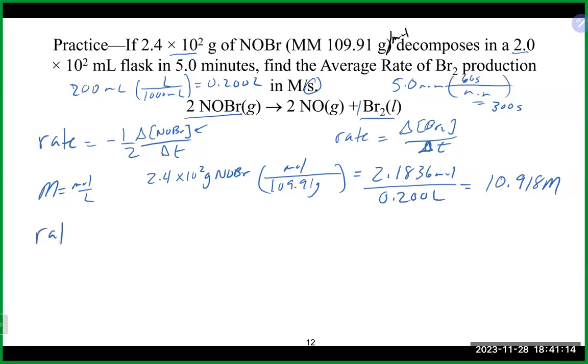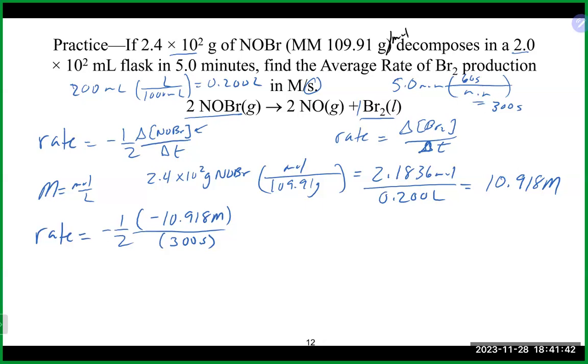Our rate will equal negative 1/2 times negative 10.9185 divided by our 300 seconds. Why did I make it negative? Because it's a reactant. If we did final minus initial to get that number, it would end up being a negative number, and that will again give us the positive rate that we need in this particular case.